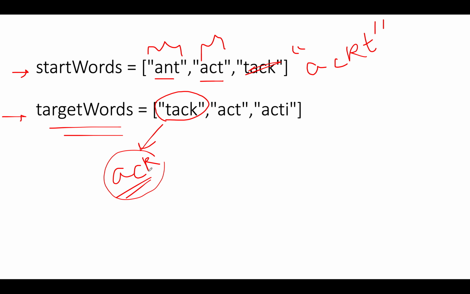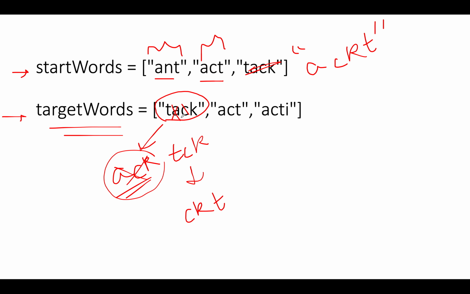It's not. Let's skip it. Let's remove A now. The remaining string is TCK. I'm going to sort this up and get CKT. Is it part of my start words? It's not. Let's proceed ahead.